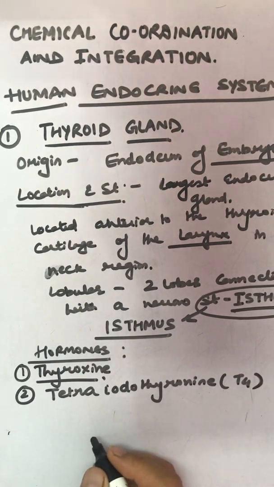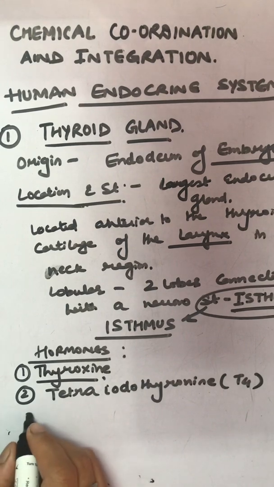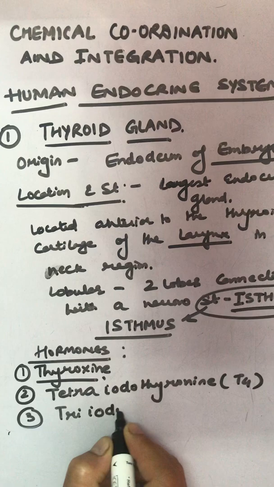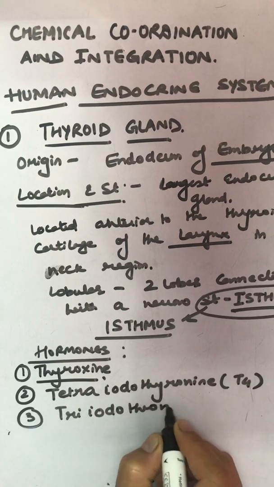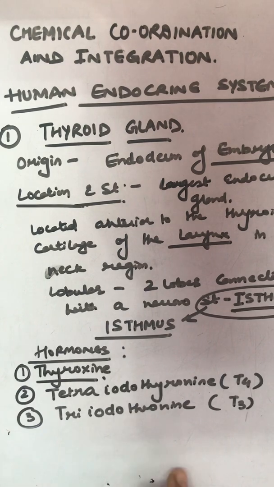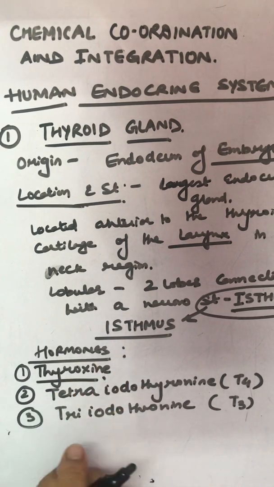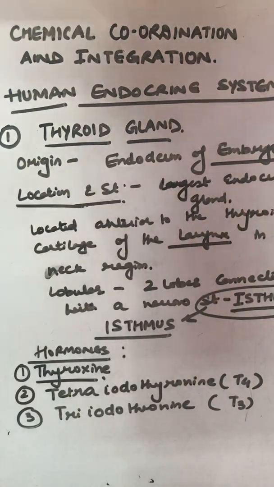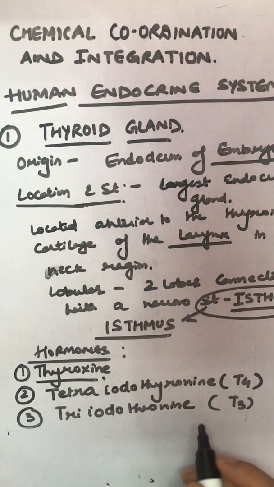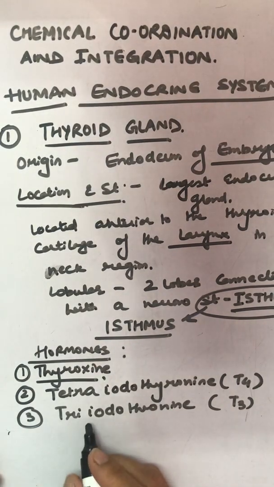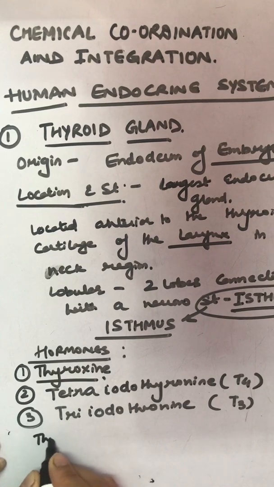Then is triiodothyronine, and this is T3. So these three are secreted from here, thyroid gland. Thyroxine, tetra and tri, are secreted by thyroid follicular cells.